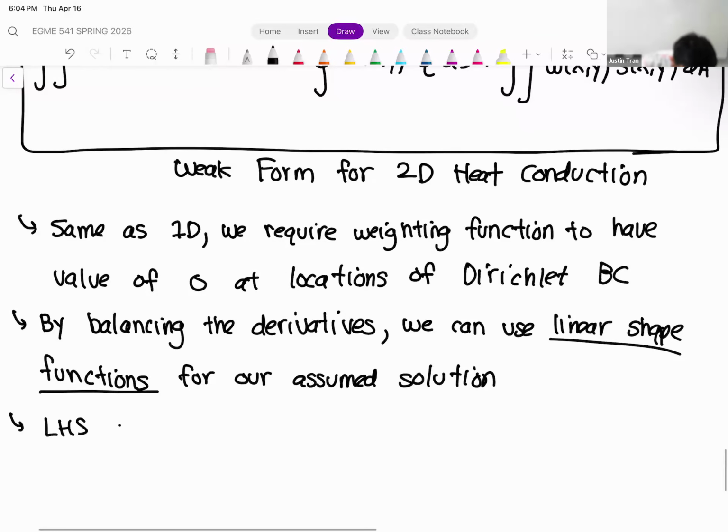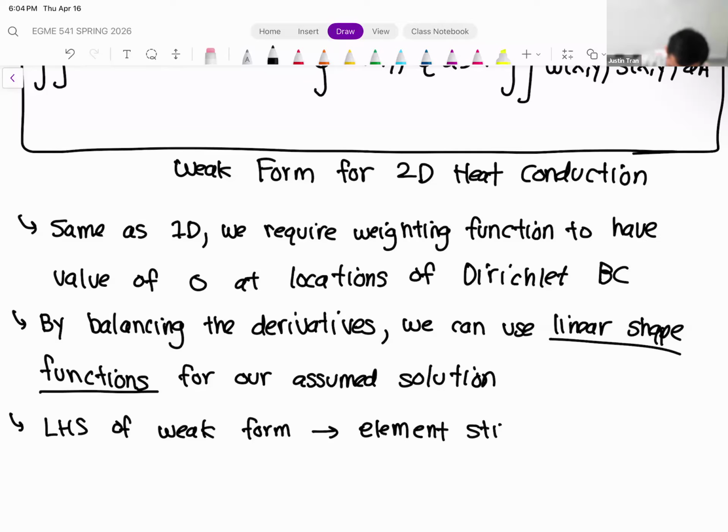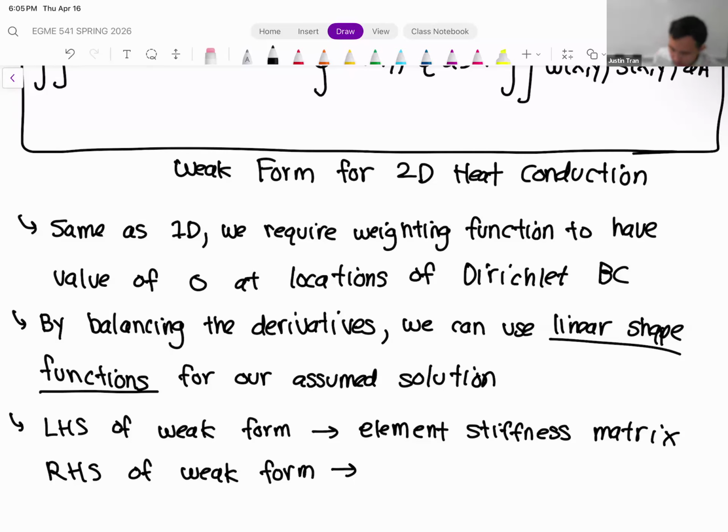So the left hand side of the weak form is going to form the basis for the element stiffness matrix. And the right hand side is going to form the basis for our element forcing vector.